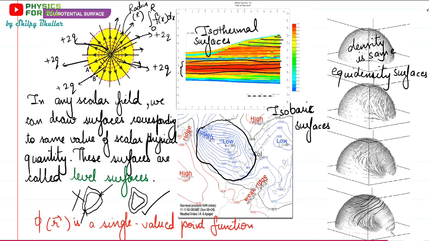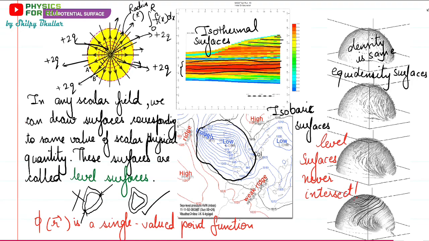If we are talking of one particular charge, that means one particular charge is present there. Then how can we have two different values? Whenever we talk of a scalar function, it always carries a single value. It is always a single valued point function. So we can draw as many surfaces as we like, but the only condition is that those surfaces should never intersect. So these level surfaces never intersect. This is an important point.